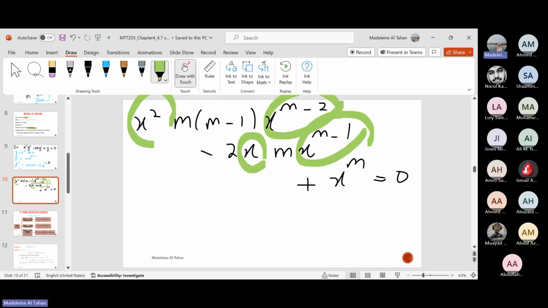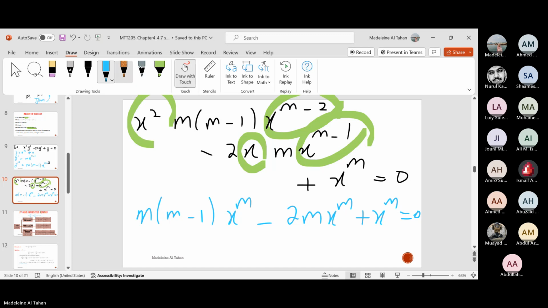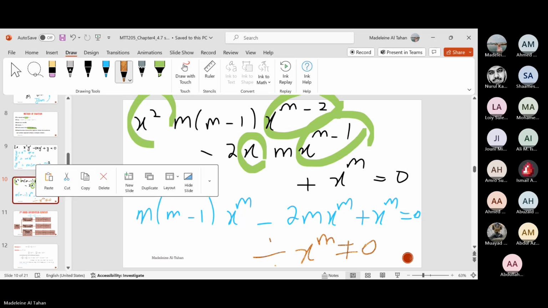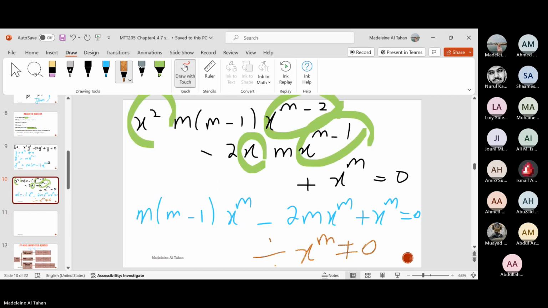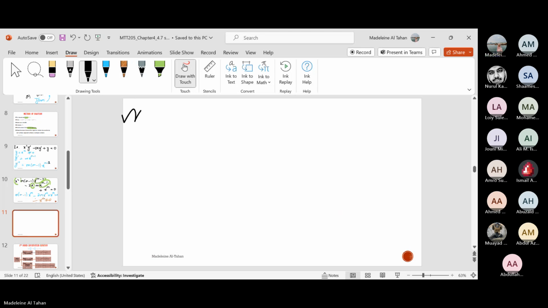And x^(m-1), what do they give you? m into m minus 1 x^m minus 2m x^m plus x^m equal to 0. Do we agree that we will get this one? Yes. Now divide by x power m not equal to 0. What will we get? m into m minus 1 minus 2m plus 1 equal to 0.